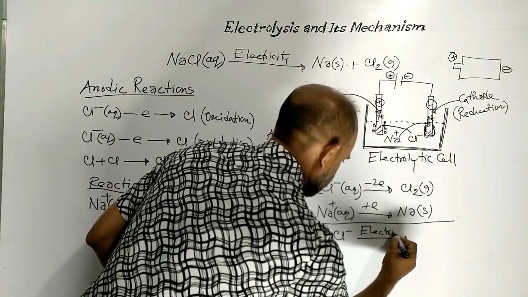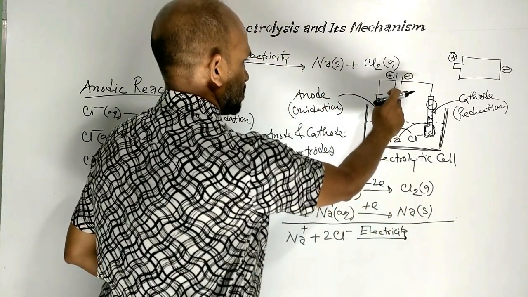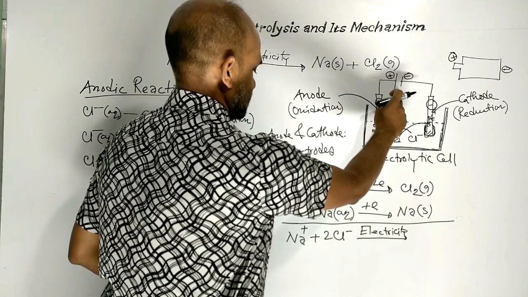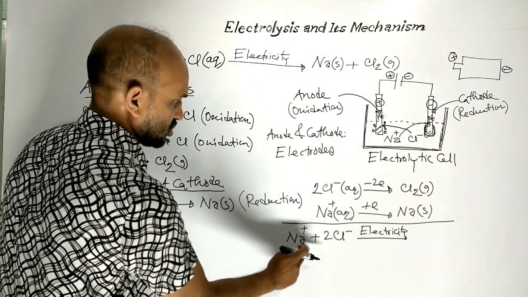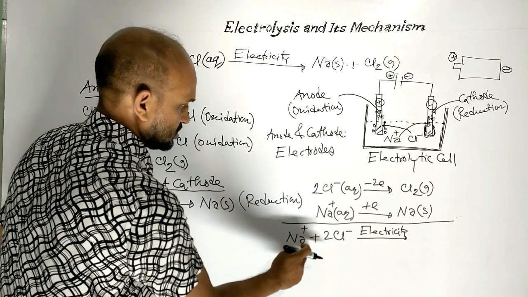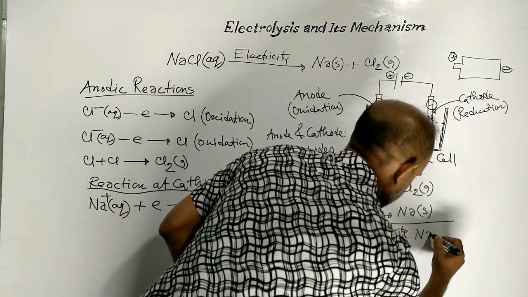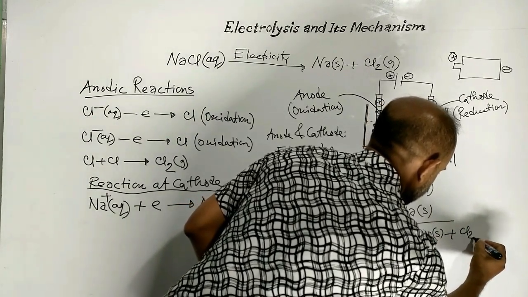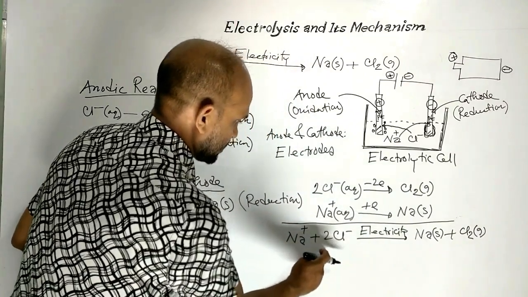Electricity. This is the source of electricity, an external source of electricity, which is passed through the solution of an electrolyte. Then this electrolyte converts to sodium and chlorine gas. Decomposition reaction.